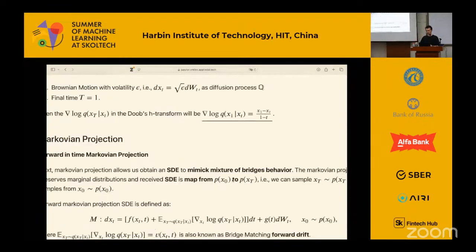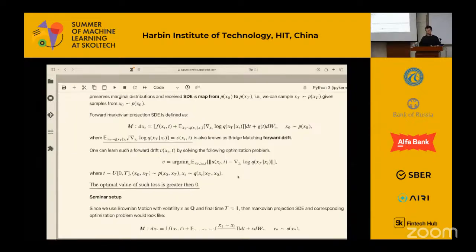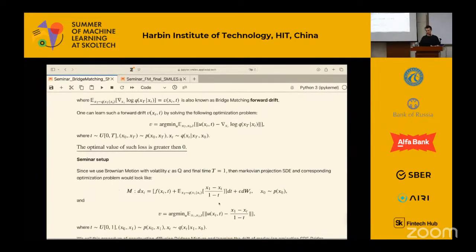So in the flow matching case, it is x1 minus x0, and in this case, it will be x1 minus xt divided by 1 minus t. Yeah, so it would look like this in our particular seminar setup.